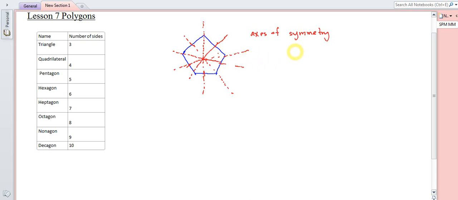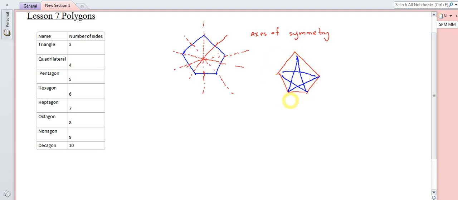So another thing is the diagonal. If you have a polygon like this, the line from one vertex to another vertex, we call it a diagonal. So these are the diagonals.